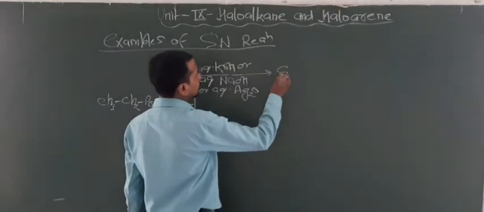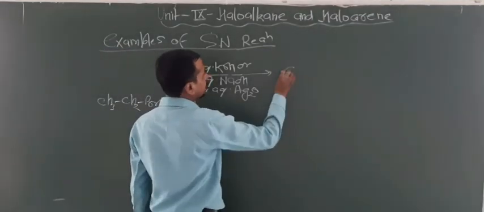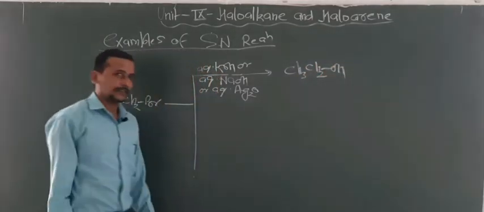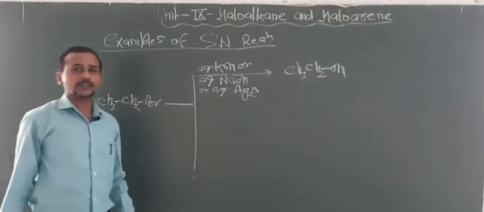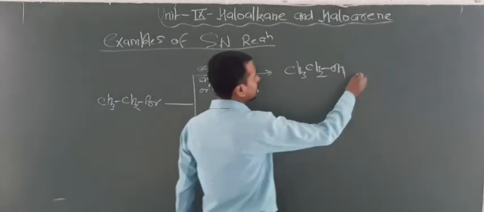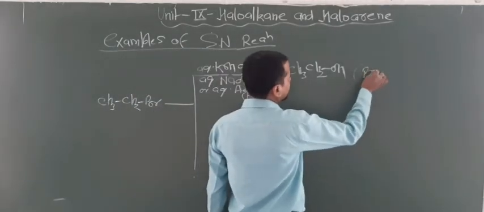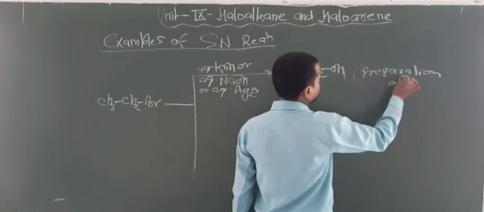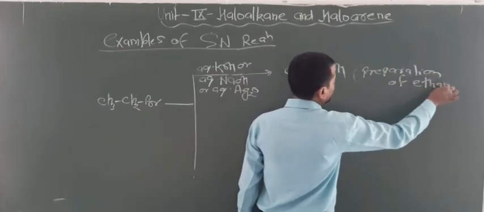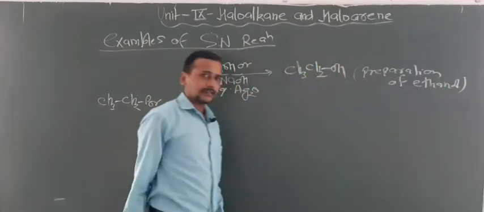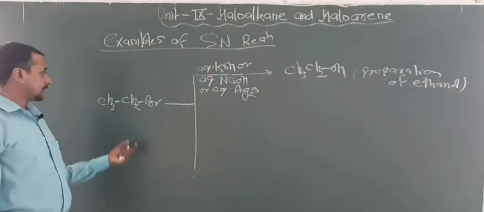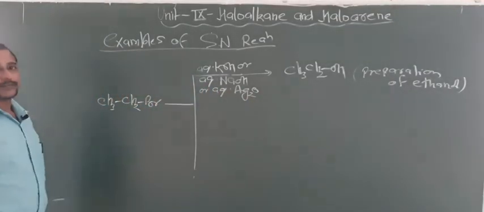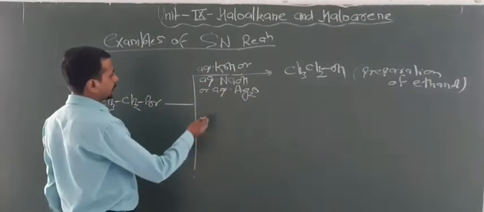It will give CH3CH2OH. That means formation of alcohol takes place. So this is basically a method of preparation of ethanol. You can also prepare alcohol from alkyl halide by this reaction.